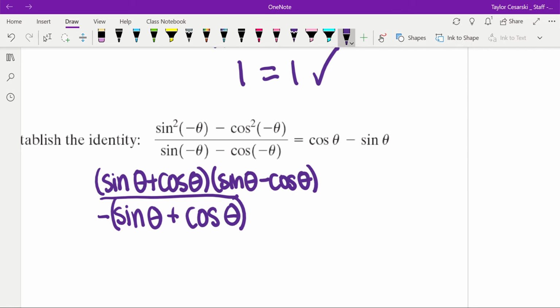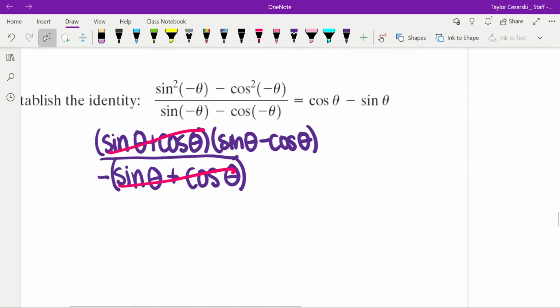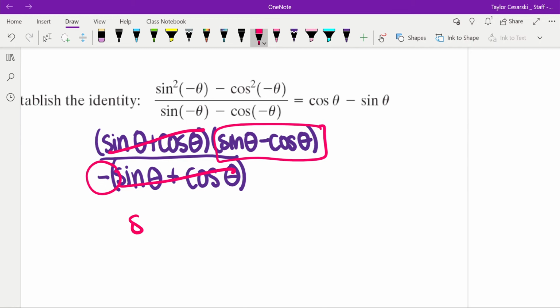All right, so here we can cross out sine of theta plus cosine of theta on both the top and the bottom, and we get sine of theta minus cosine of theta, and don't forget that negative 1 down there.